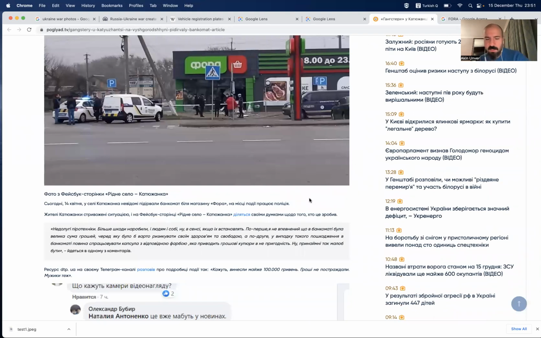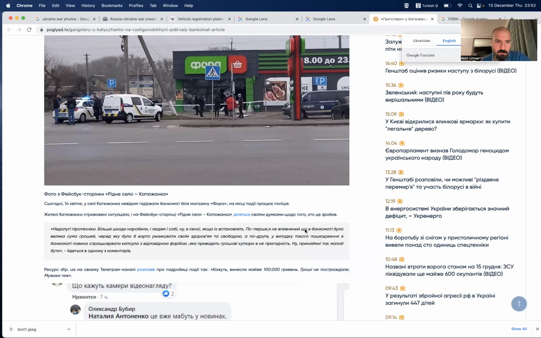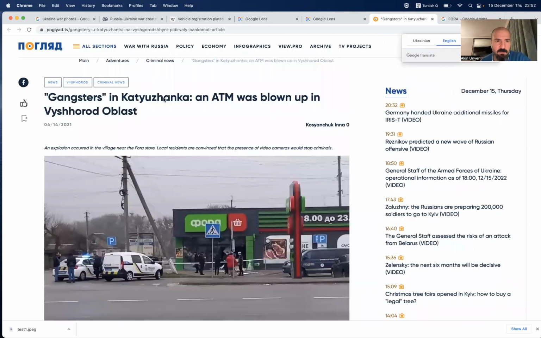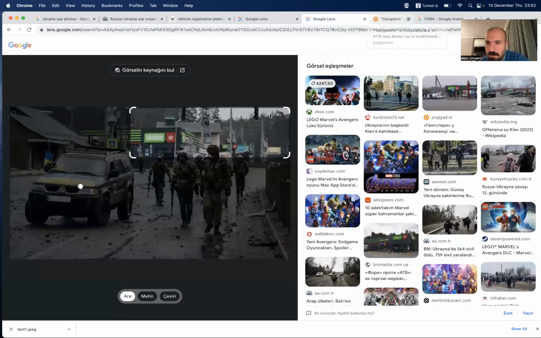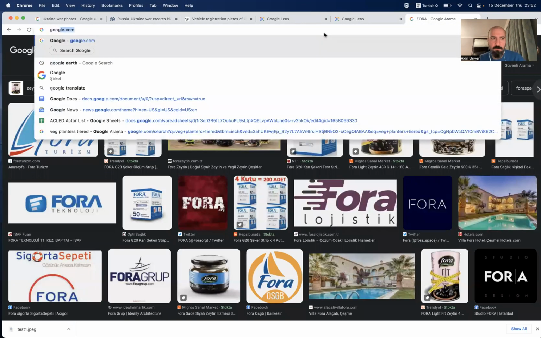On any foreign language website, what I do is right-click and translate the whole website into English. Gangsters in Katyushanka, the ATM was, no, I'm not looking for that. I'm looking for something that is specific to the war.